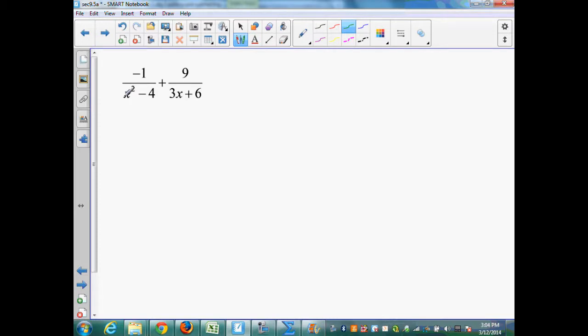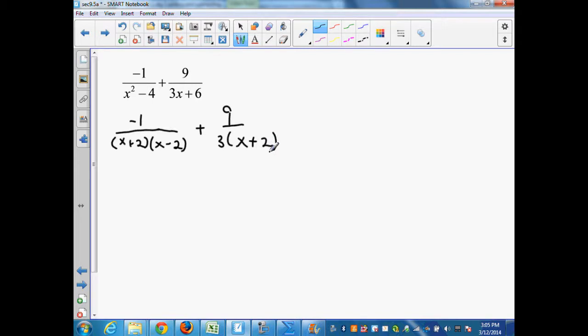My next example, a negative 1 over x squared minus 4 plus 9 over 3x plus 6. Let's factor the denominators, and when I do, that's going to be a negative 1 over, difference of squares, x plus 2, x minus 2, plus 9 over, factor out a 3, and that leaves me x plus 2.